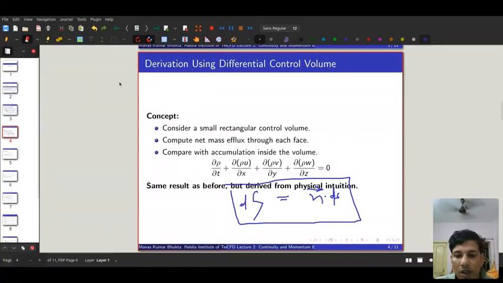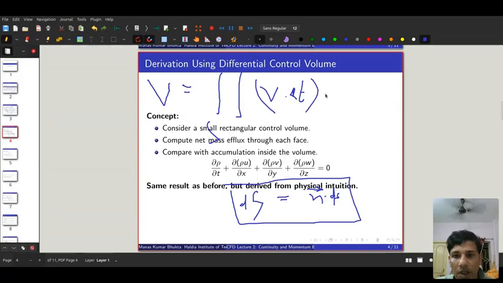So the total volume would be the surface integral of V into del t, that is the elementary time, into dS.